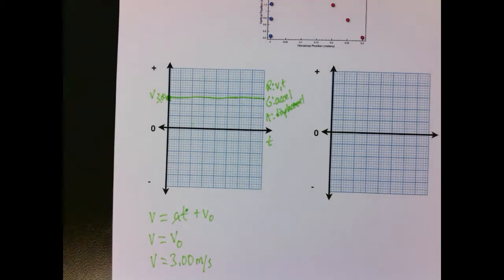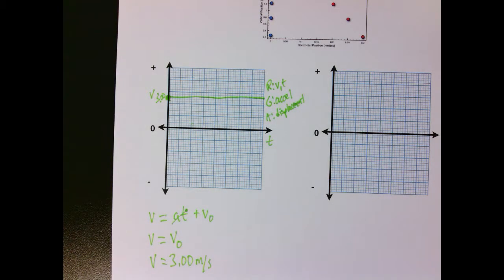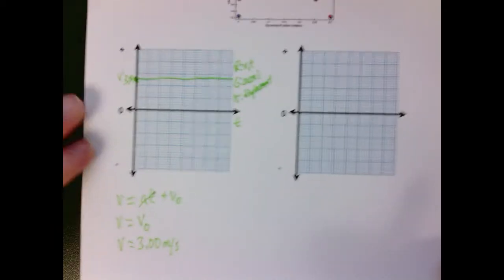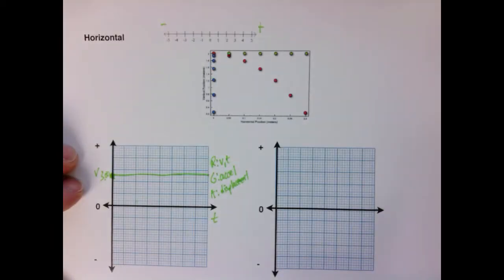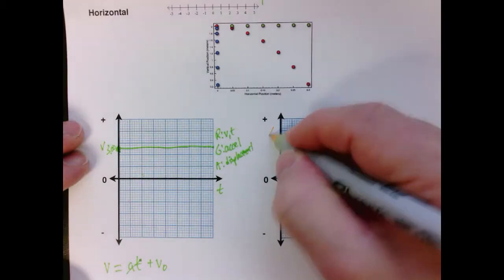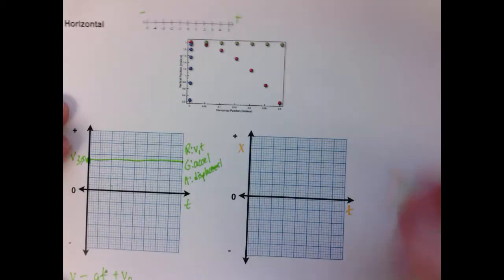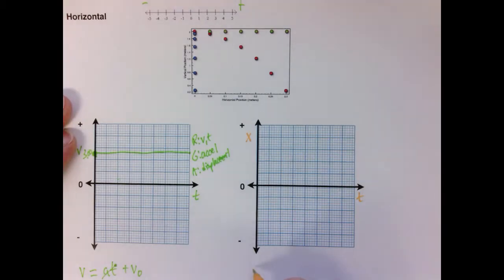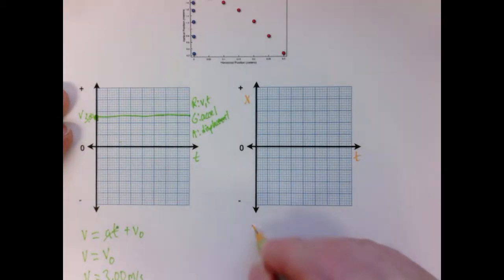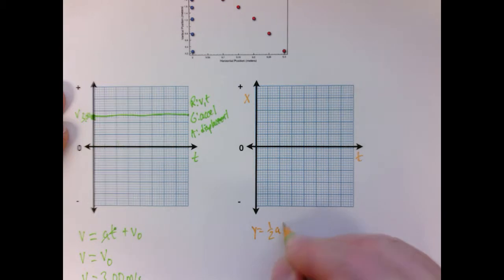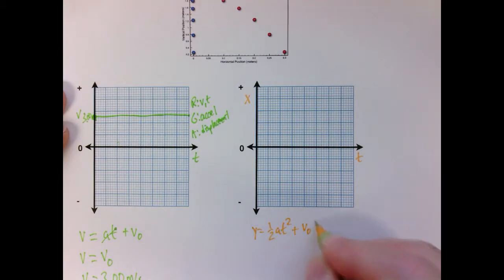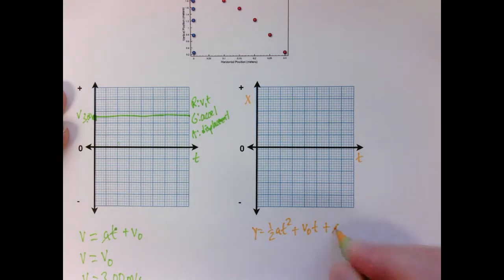Next, let us consider the position in the x direction. So now we're going to have the x position versus time, and we start out with our generic equation, x equals 1/2 at squared plus v0t plus x0. It's supposed to be x, so we're dealing with the horizontal x.